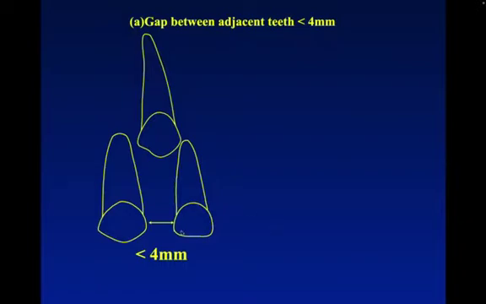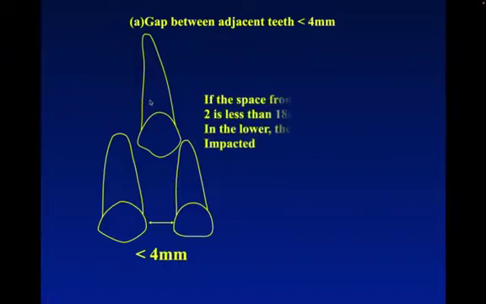So let's assume here that this is in the upper arch. According to the IOTN, if the gap between the two teeth is less than 4 millimeters, the tooth is considered impacted because there's not enough space for this tooth to erupt, whether it's a canine or a premolar. So if we don't have enough space for the tooth to erupt, and that cutoff point is 4 millimeters, if it's less than 4 millimeters, the tooth is considered impacted and it goes to a 5i.